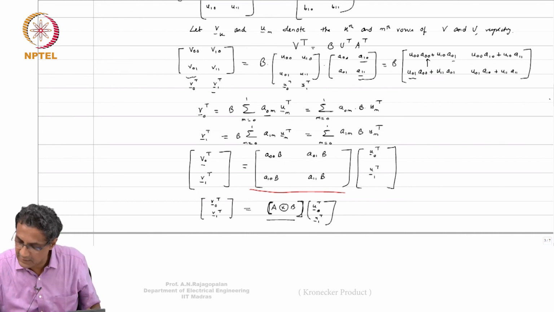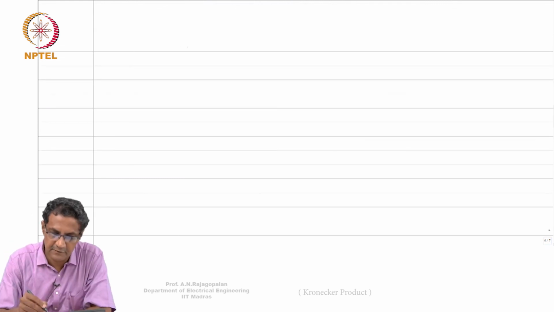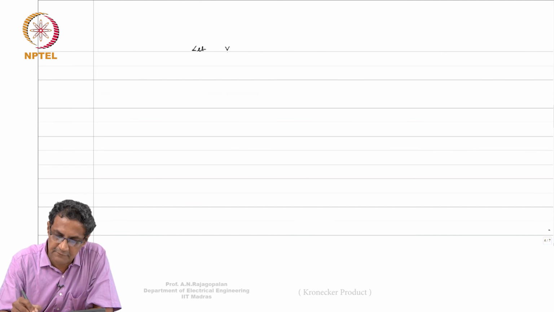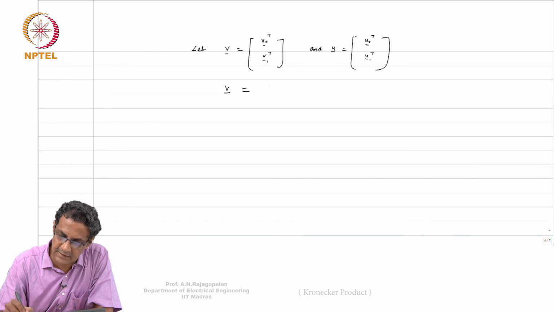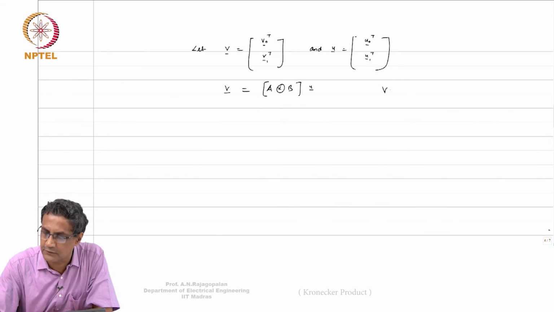Now if we let the vector V represent V0 transpose, V1 transpose, and let the vector U represent U0 transpose, U1 transpose, then it's clear that I can write V as A Kronecker B times U. Now this expression is exactly equivalent to V equal to A U B transpose.